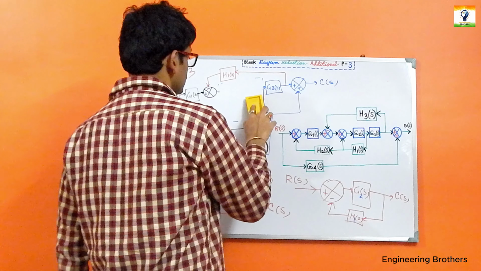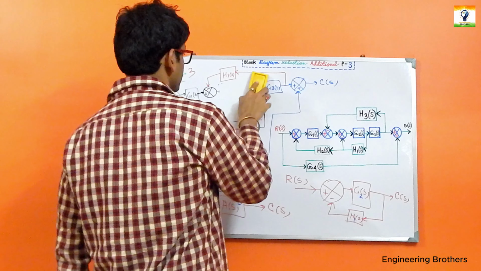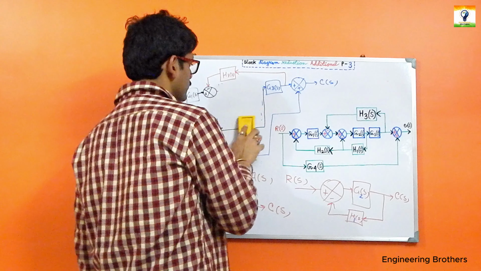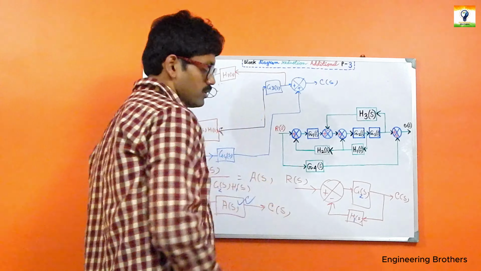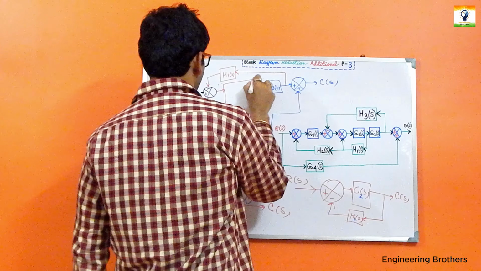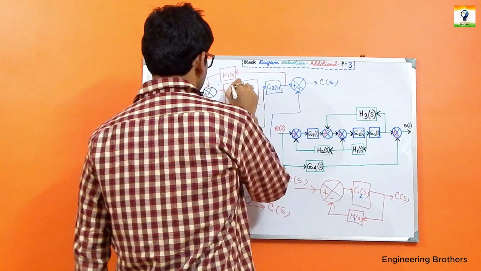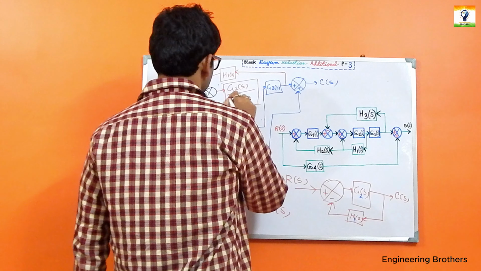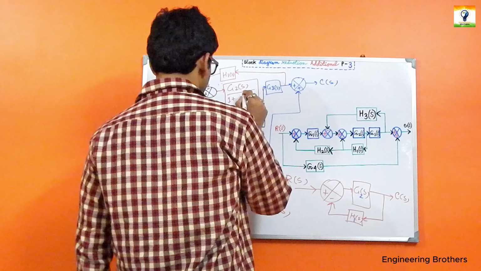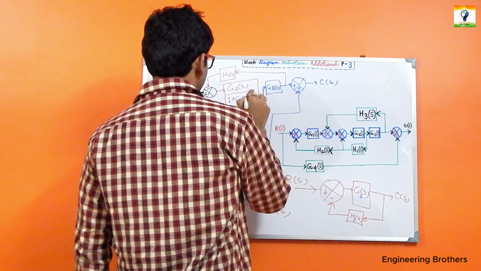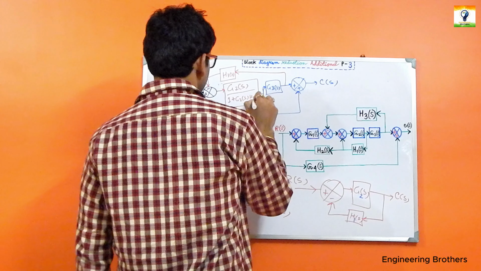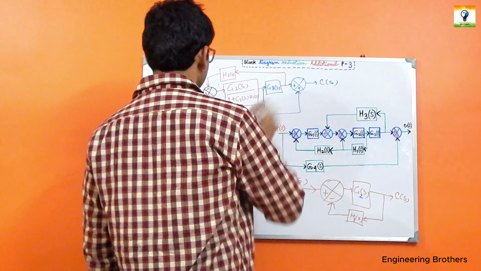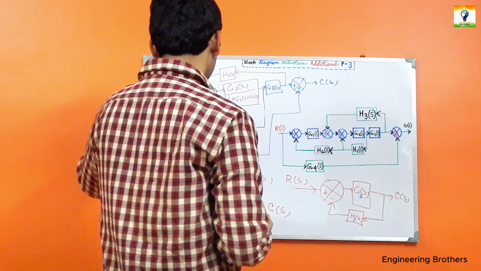What is the block diagram for that one? Inside our block we have got G2S divided by 1 plus G2S H1S over here. And this is going to be our step 3 over here.